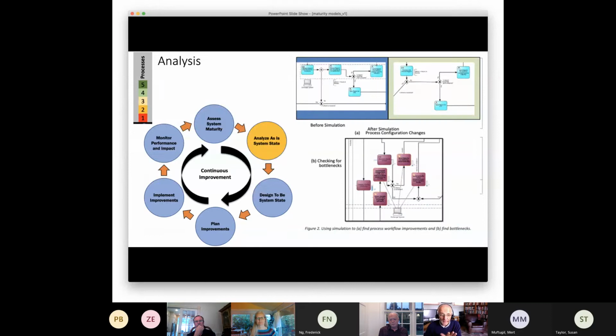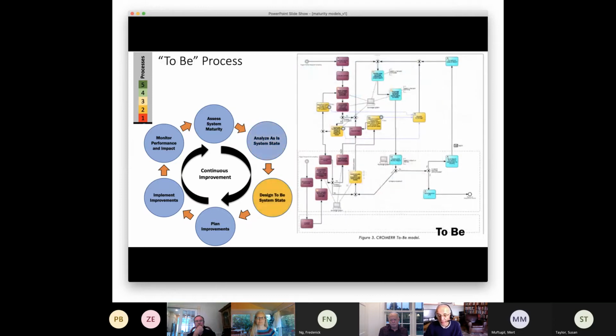Then Mike Stahl and his team went in to analyze. They used this model in the second step, the system model, to analyze and look at possible improvements, and designed a to-be. That's the third step, to design where they would like to be. Since it's actually a model rather than a flow chart, it has the capability to simulate.